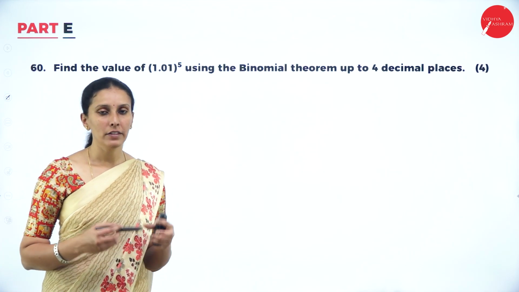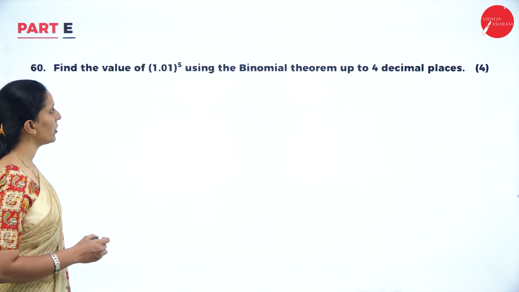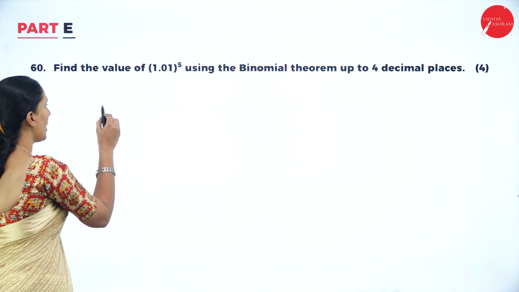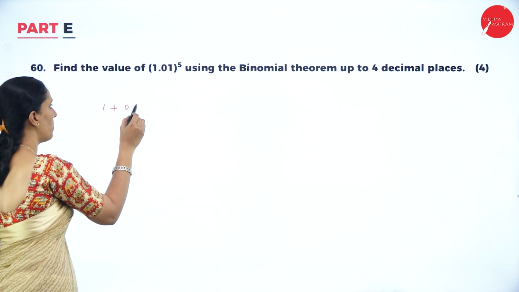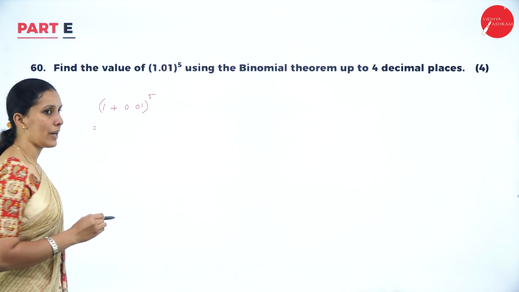So next we have the expansion by binomial theorem. We have here 1.01 whole power 5. This can be written as 1 plus 0.01 whole power 5. Using the binomial theorem, we can expand it.